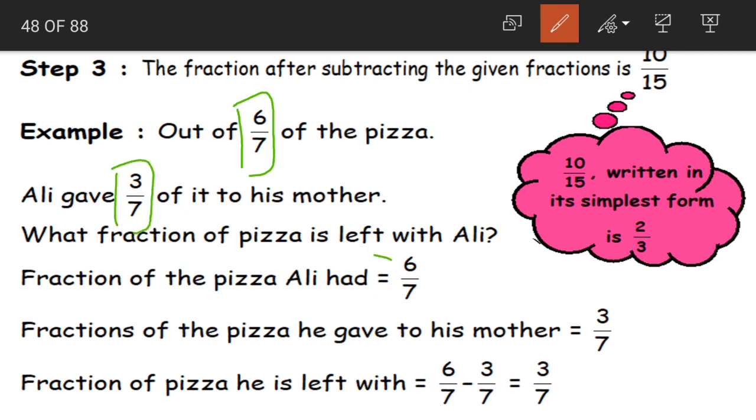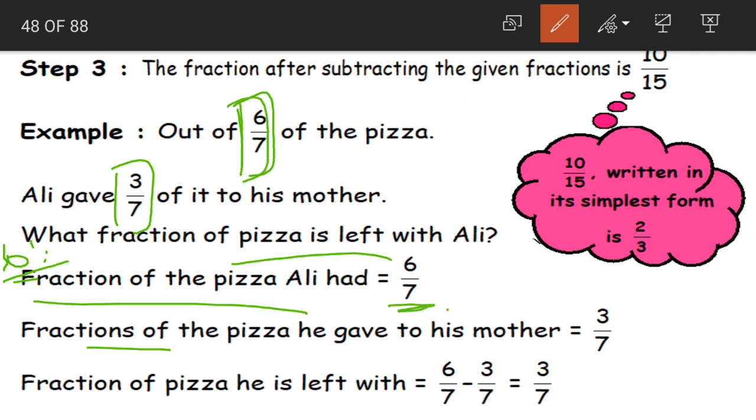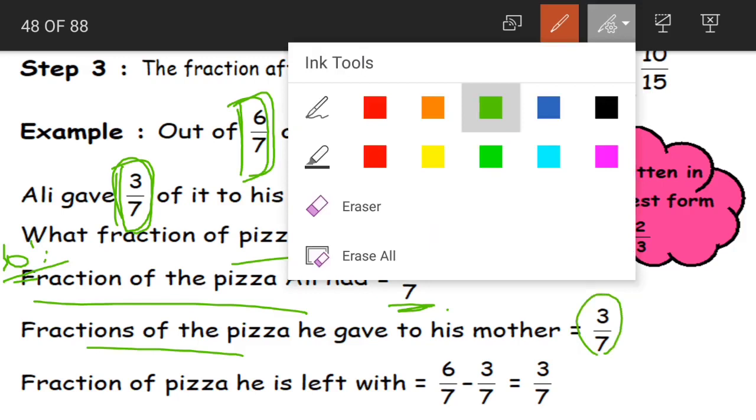Now we should find out what fraction of pizza is left with Ali. The first step would be the fraction of the pizza Ali had, that is 6 by 7. The next would be the fraction of the pizza he gave to his mother. How much did he give? 3 by 7. To find out how much pizza is left, what will we do?